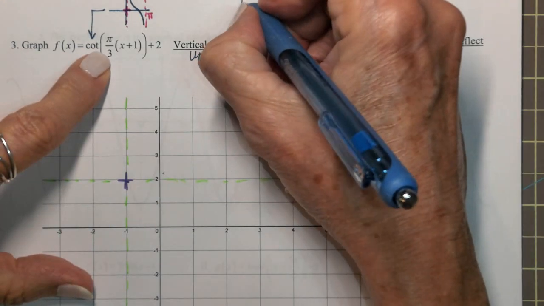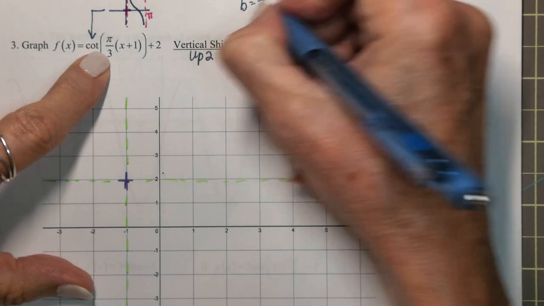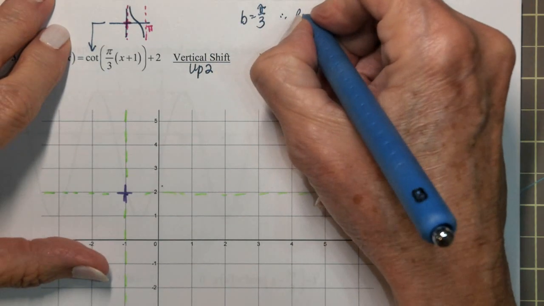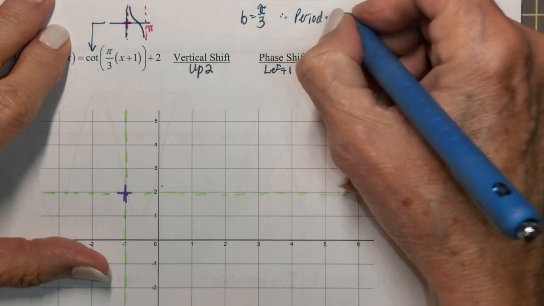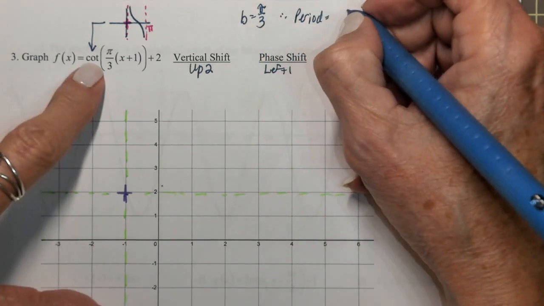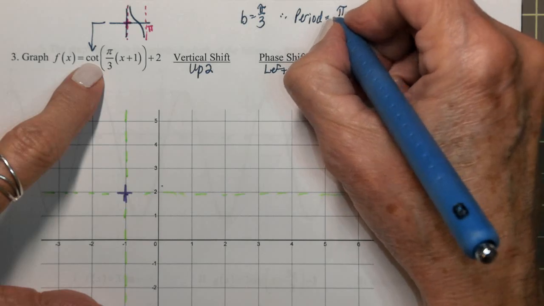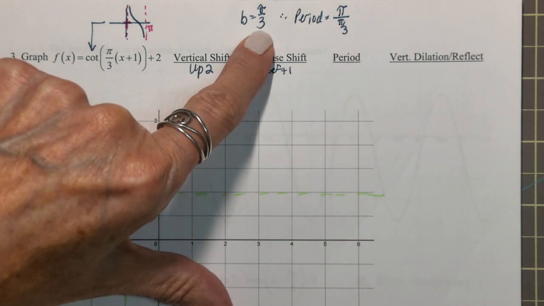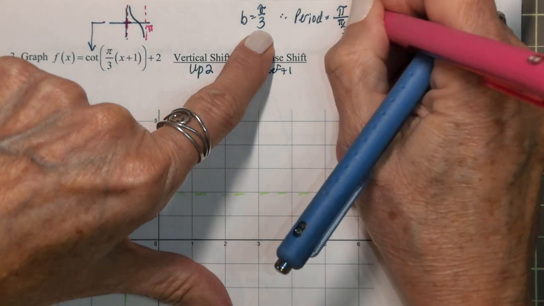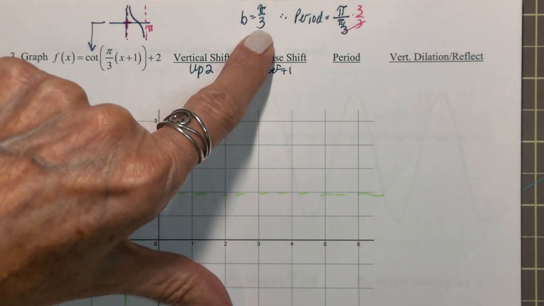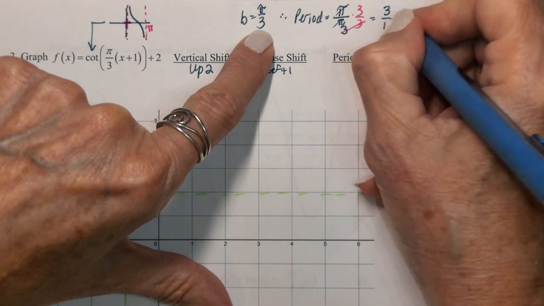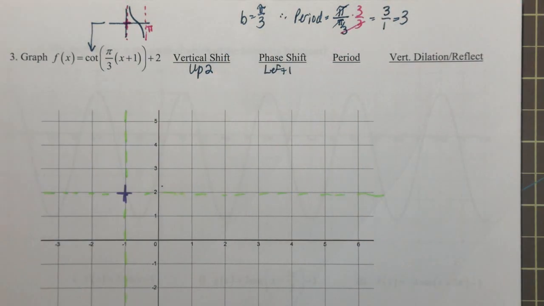Well, B here is pi over 3. So the period is the regular, the normal period, divided by B. I'm going to multiply top and bottom by a 3. The pi's are going to reduce, and I just get 3 over 1, which is 3. Okay.